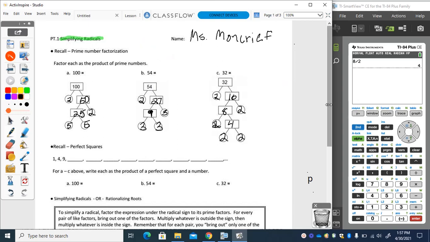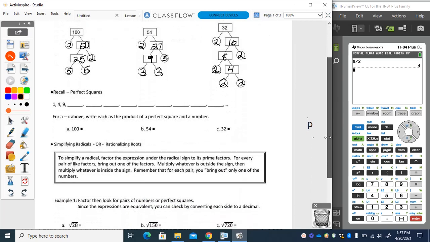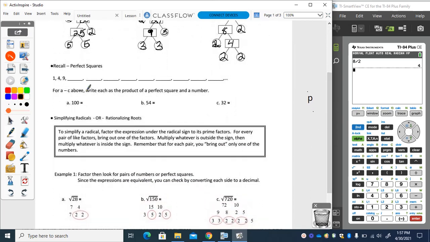Okay? So now let's go with recalling perfect squares. So we already got a few of them. 1, 4, 9. What's the next one? That would be 16. After 16, we got 25. After 25, we have 36.